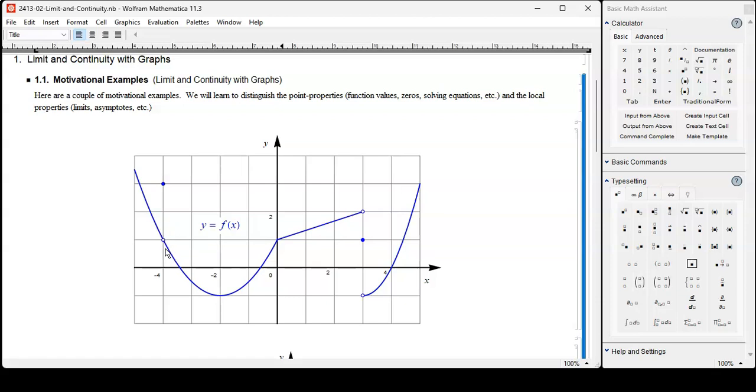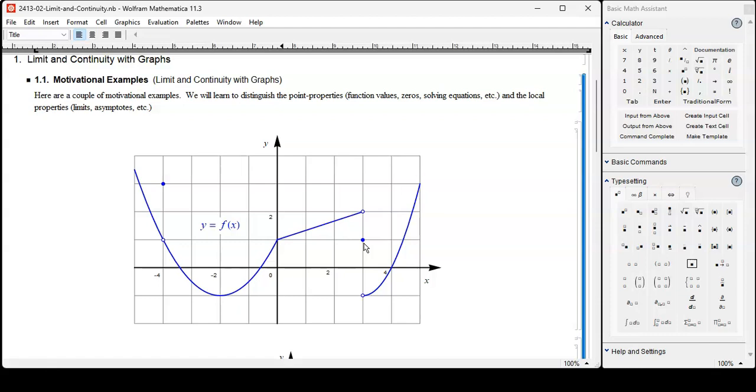So the limit and function value are not always the same. Right here at x equal to -4, they're different. And then at x equal to 3, again, they're different. Function value here, you can see the dot, I hope. Function value is 1. That's the y coordinate value.